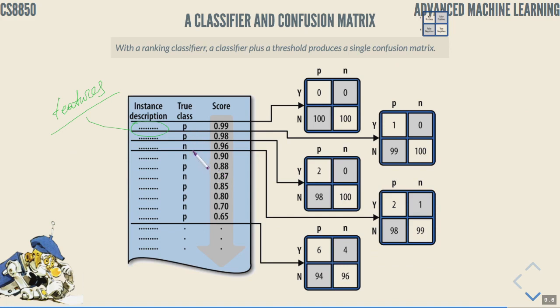So for some model, let's call it classifier 1, we run the features through the model and it returns our scores. We sort all of our test samples from highest to lowest score.